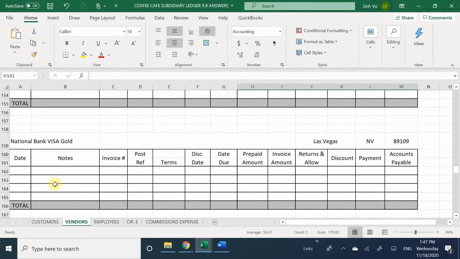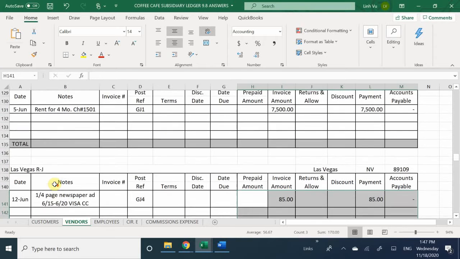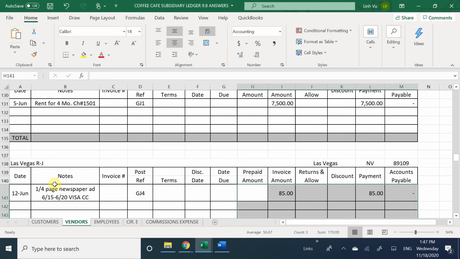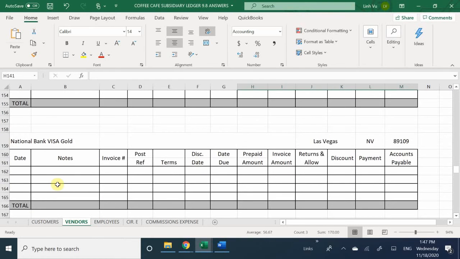So you might not even get your bill until 2 months after, because usually you never know when you're going to start spending. So again, we do have a national bank credit card Visa payable account. But we're not going to place anything in here because we don't have a bill. We don't have an outstanding amount yet, and we don't have the interest that occurred already.